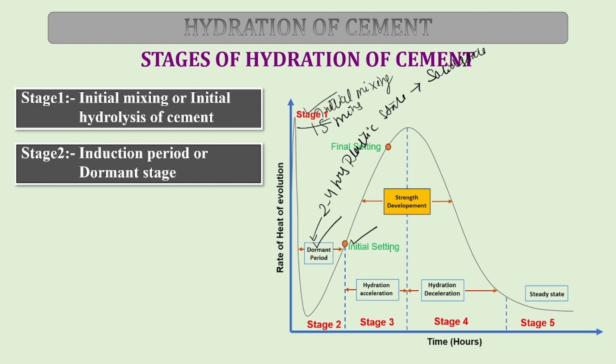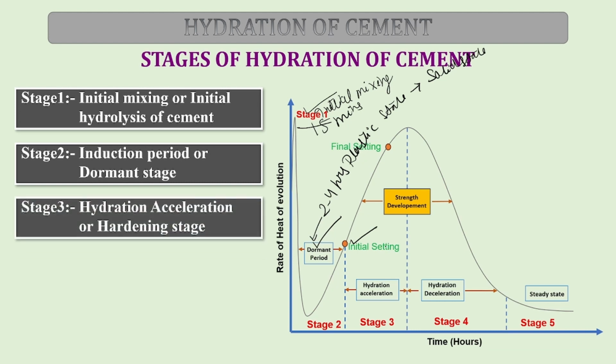Now, as soon as the dormant stage completes, the setting process begins and the cement begins to react with the water more quickly. Now, this results in the formation of a new hydration product, and all this occurs in the third stage, that is the hydration acceleration, or you can say the hardening stage.